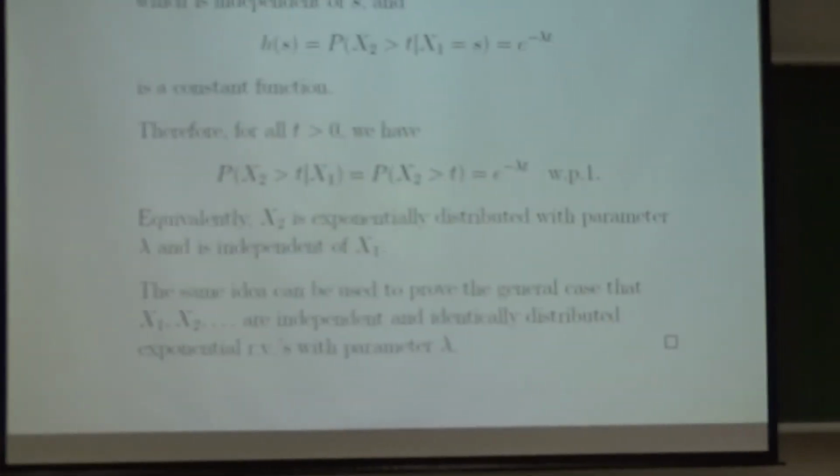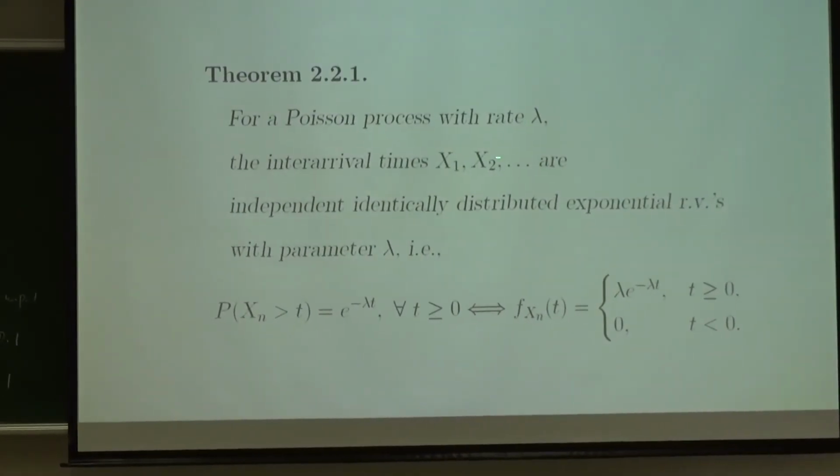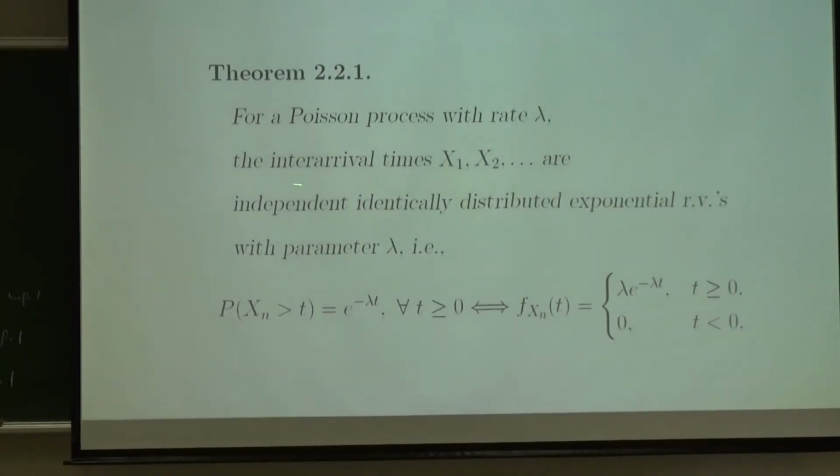So now we have this wonderful property that for a Poisson process with rate lambda, the interval times are IID and exponentially distributed with parameter lambda.